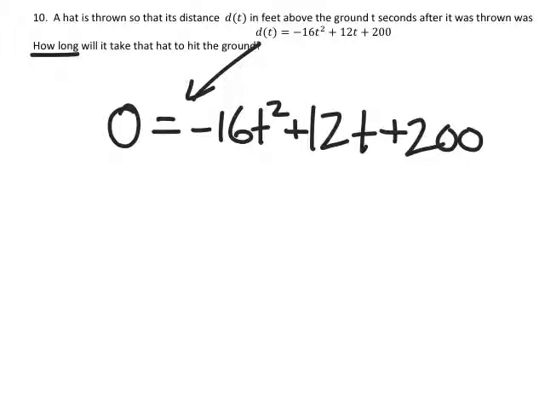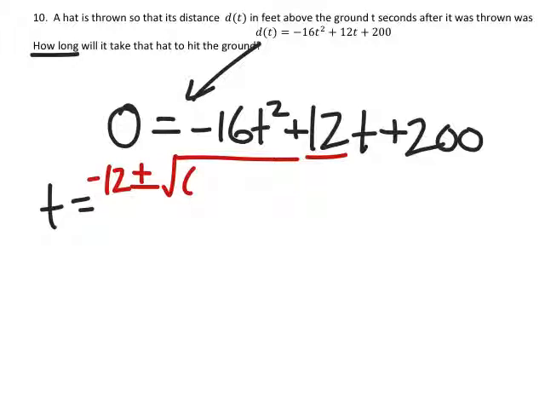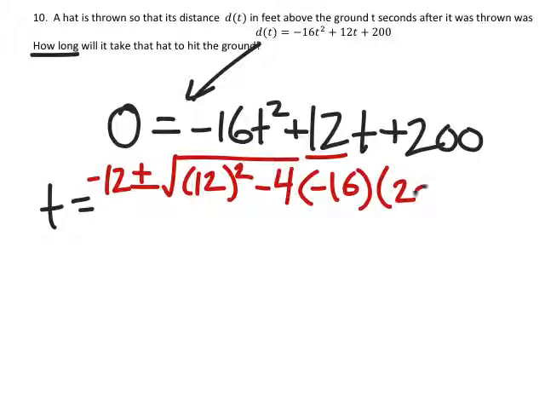We can use the quadratic formula to quickly find an answer to this, which we're going to go ahead and do. So t equals, I have a b value of 12, so I have a negative 12 plus or minus the square root of b squared, that's a positive 12 squared, I apologize, minus 4 times a, which is negative 16, times c, which is 200.